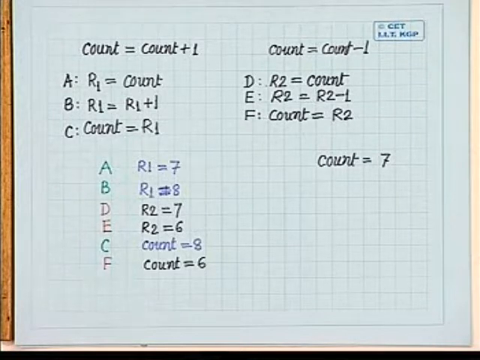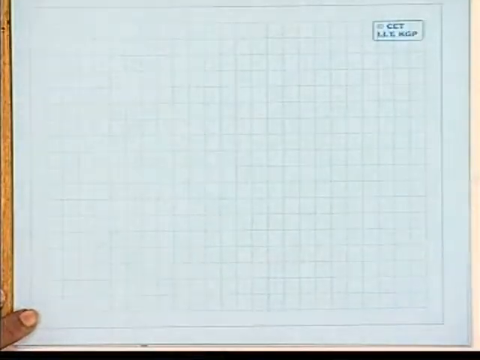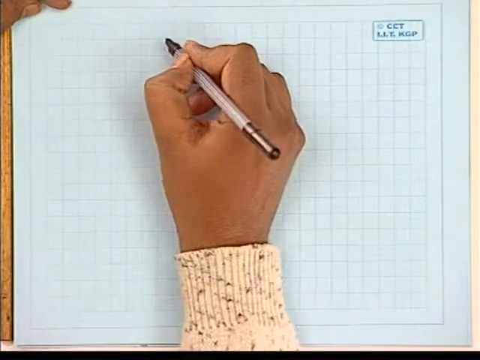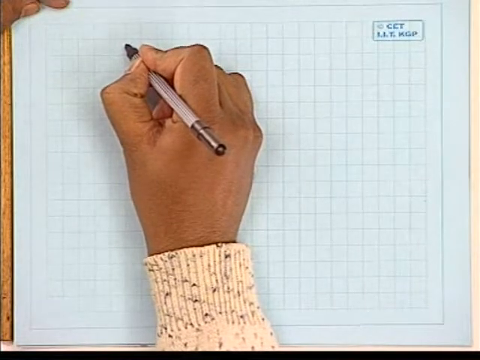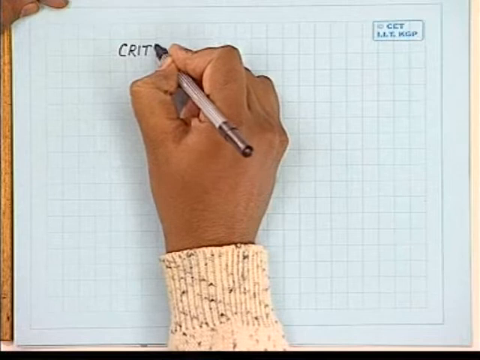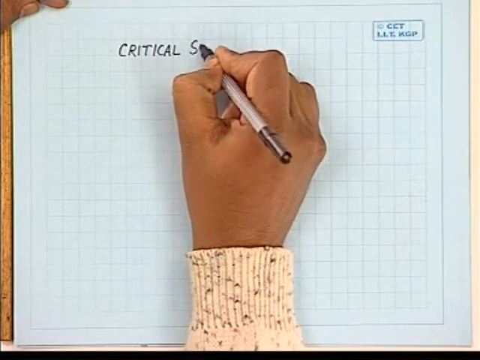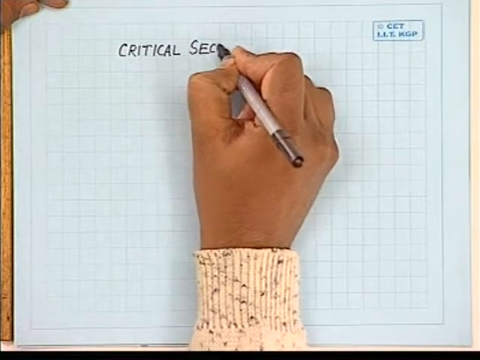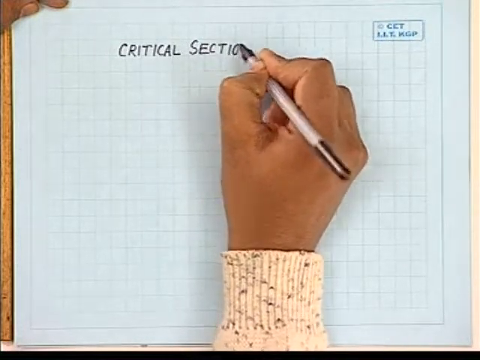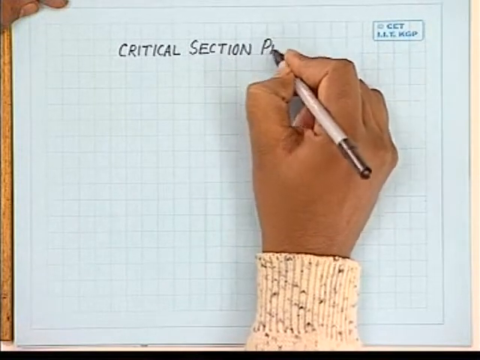Of course, this is just a special case of a class of problem which in operating systems is normally called the critical section problem, or critical region problem.